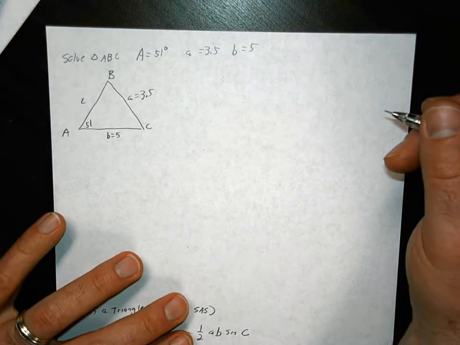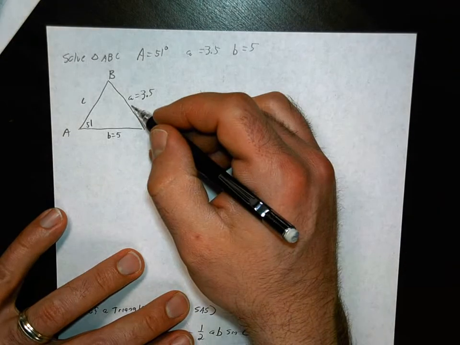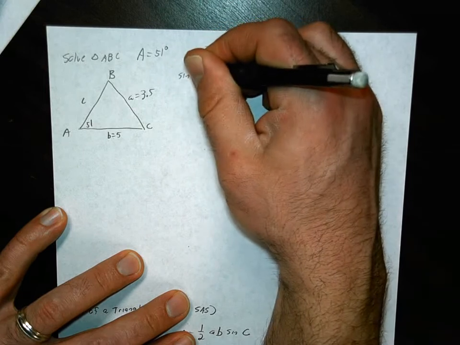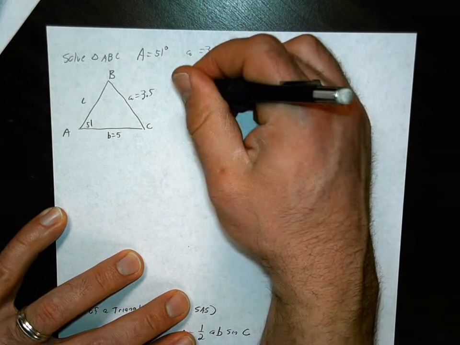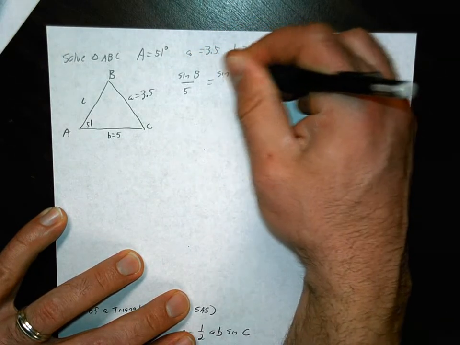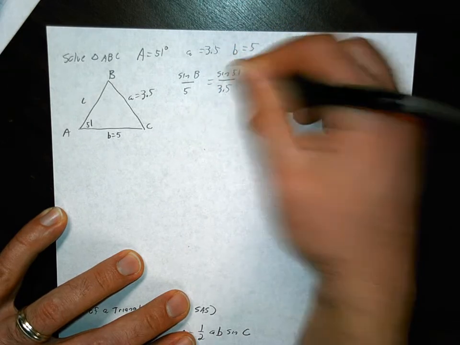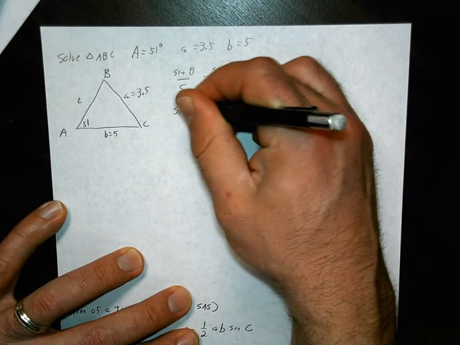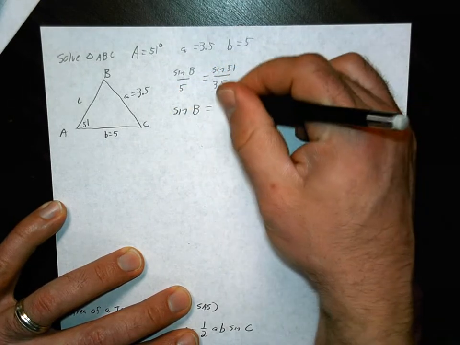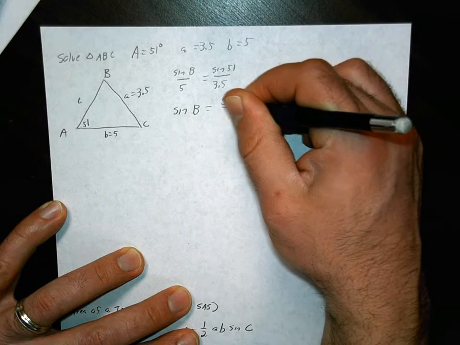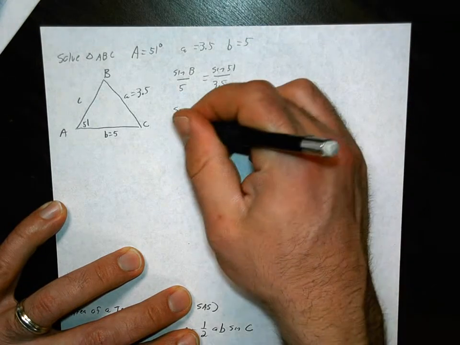We don't know C. Okay, so looking at that, I'm probably going to use law of sines to find angle B. Sine of 51 over 3.5. So we'll go sine of B equals 5 sine of 51 over 3.5.